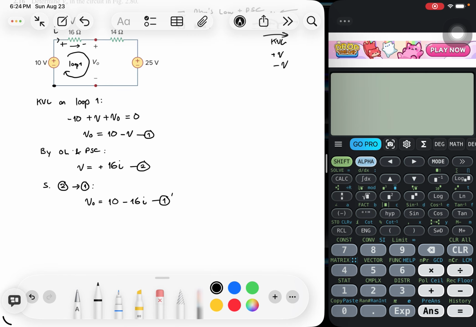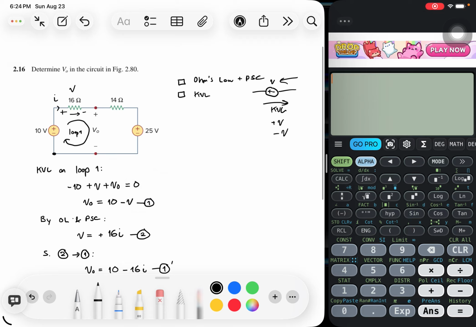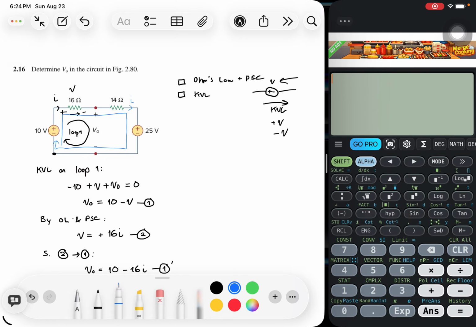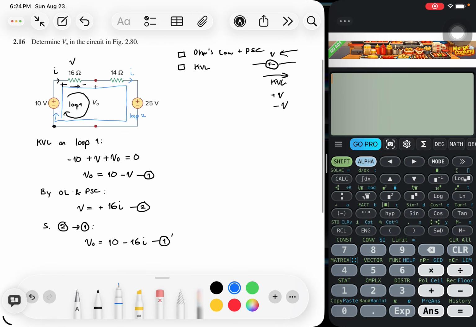Now let's shift our understanding to determining I this time. So how can we determine I in this circuit? Well, when you analyze the circuit, you can actually say that current I also flows in this direction. So we can perform KVL in the outer loop. Let's call this loop 2.